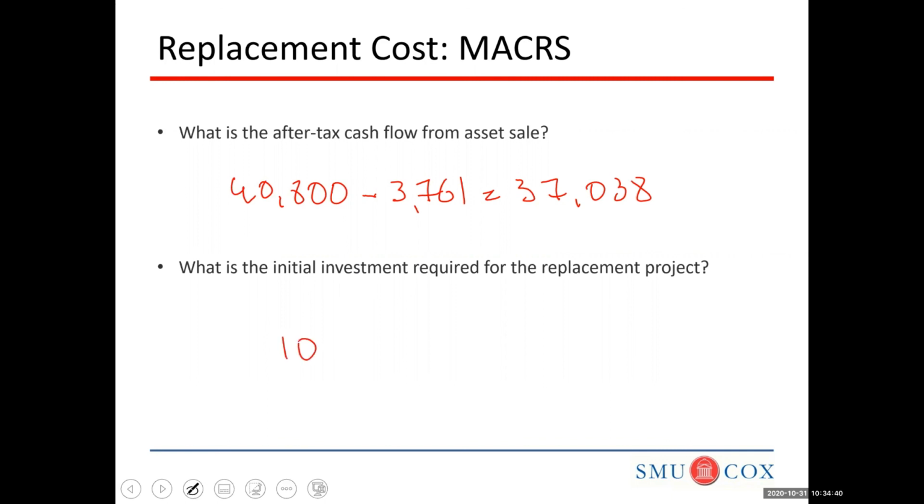They have to buy a new machine for 102, and then they'll get back 37,038. So the initial investment to replace would be minus 64,961, or 962, I guess.